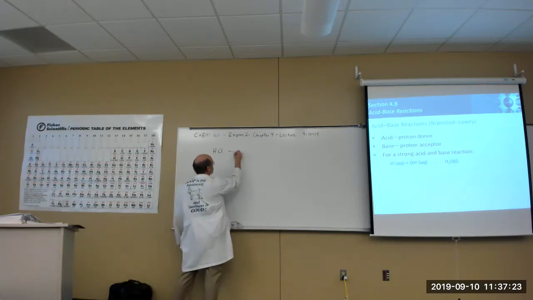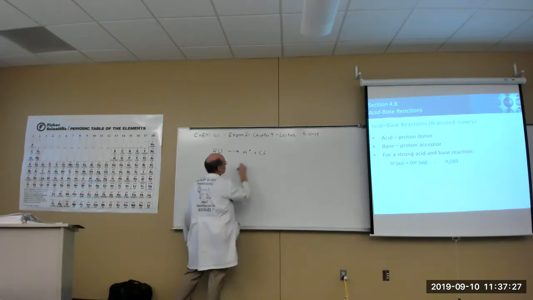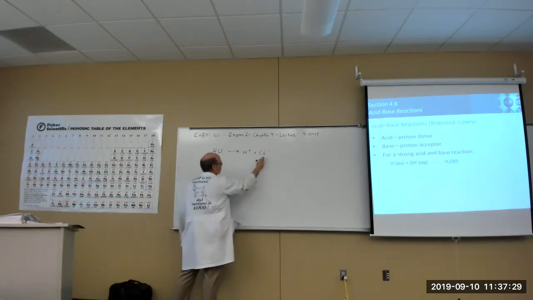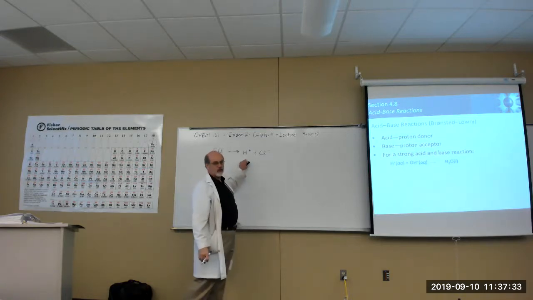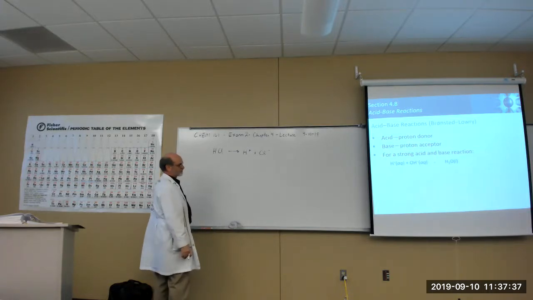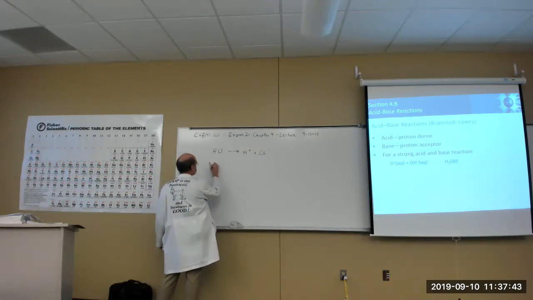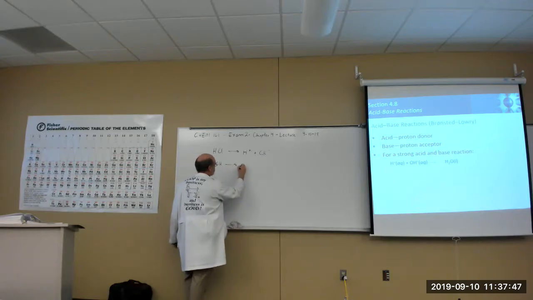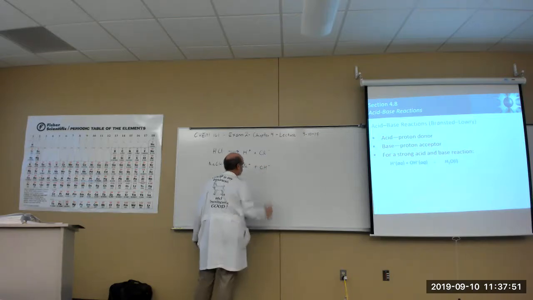And what it does is, in solution, it dissociates into proton and chloride ion. So this proton is available to be donated. An acceptor would be something like a base, in which case we have, let's say, sodium hydroxide is a base, and it produces that one plus this one.